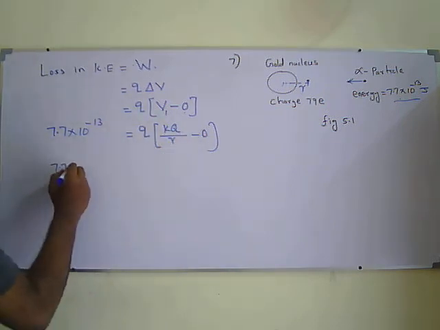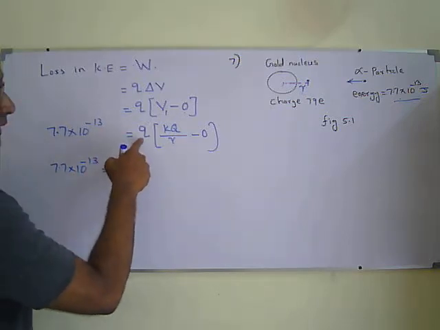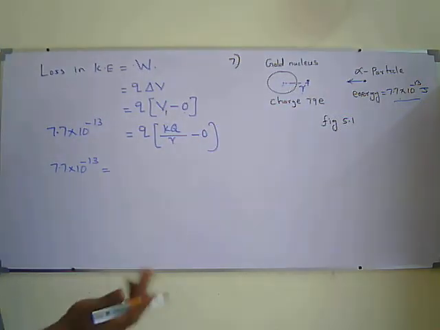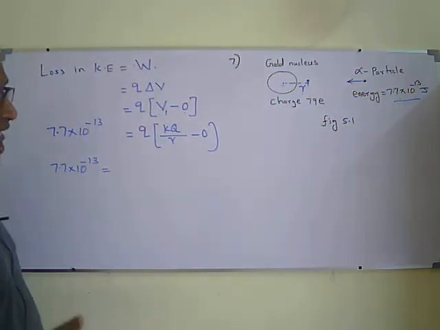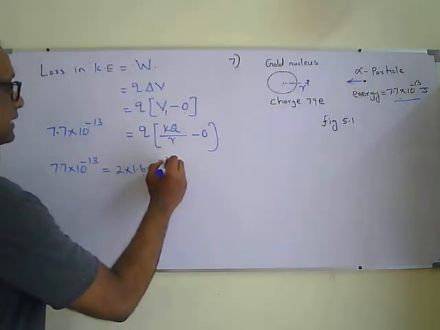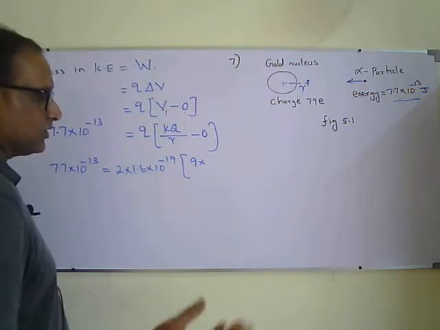So 7.7 times 10 to the power minus 13. Charge of the alpha particle, you know, it's a positive charge, 2 times. You must know that alpha particle is a helium nucleus. So 2 into 1.6 times 10 to the power minus 19. K is 9 into 10 to the power 9, or you can use 8.99.